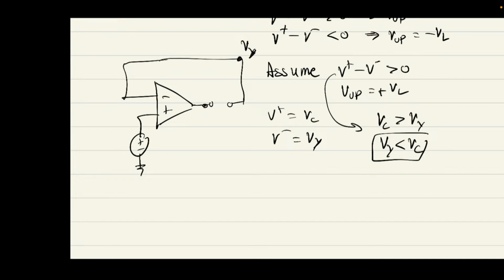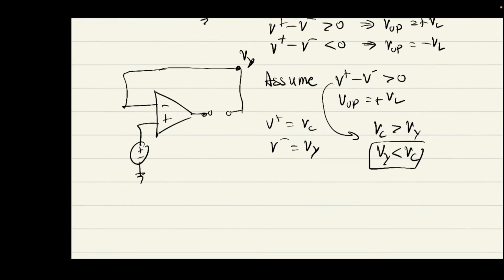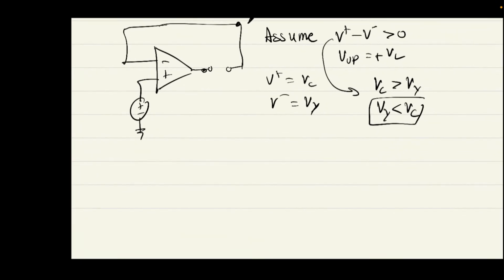As long as Vy is smaller than VC, our clamper is going to remain like this, and Vy is going to remain as Vy. However, what happens if Vy is greater than VC?